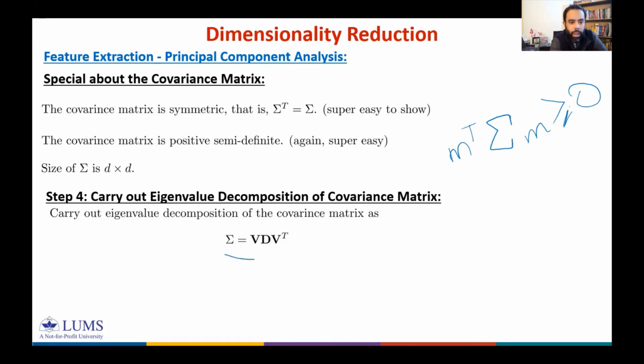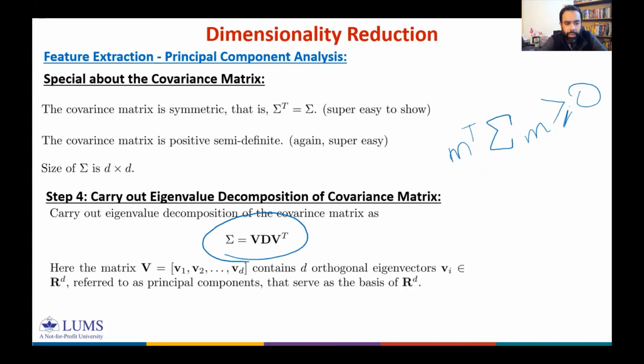Since the covariance matrix is symmetric, the eigenvectors are contained in V. V is a matrix that contains D orthogonal eigenvectors, and each vector belongs to R^D.